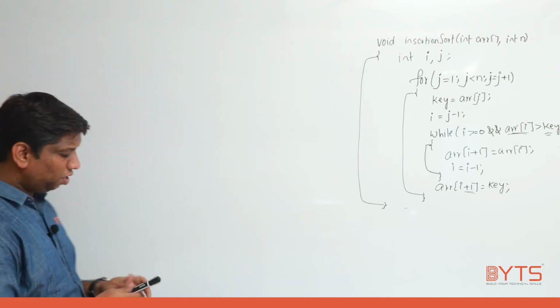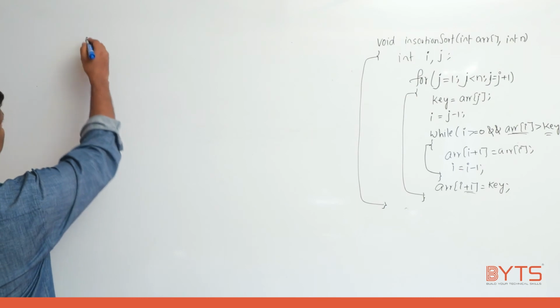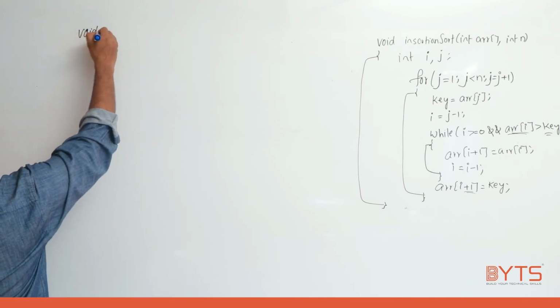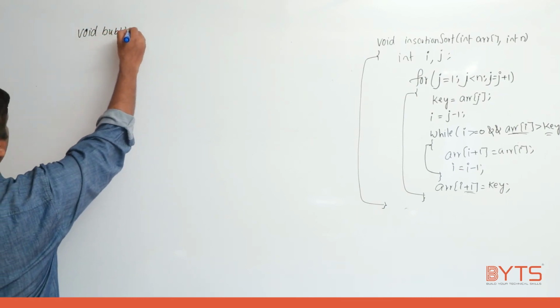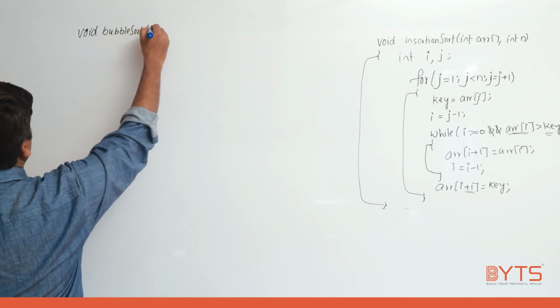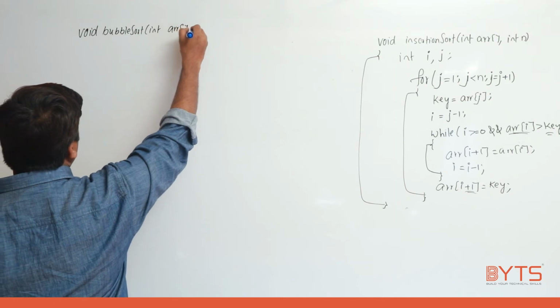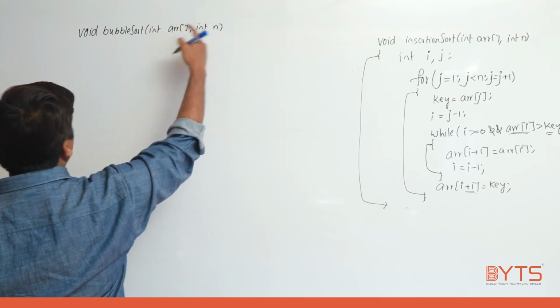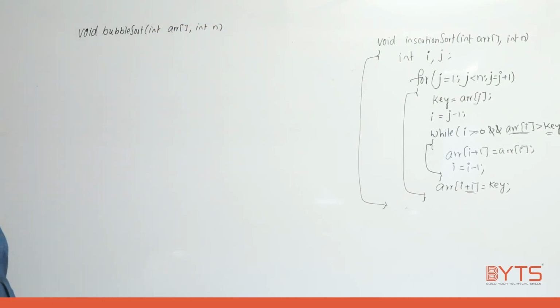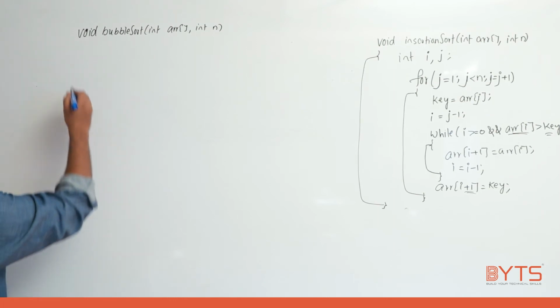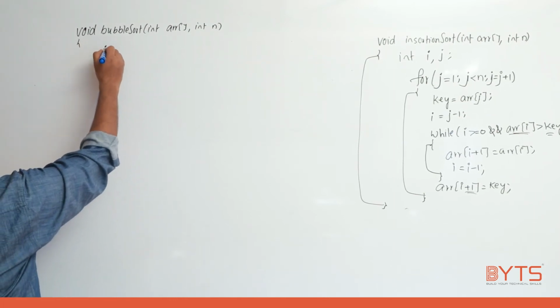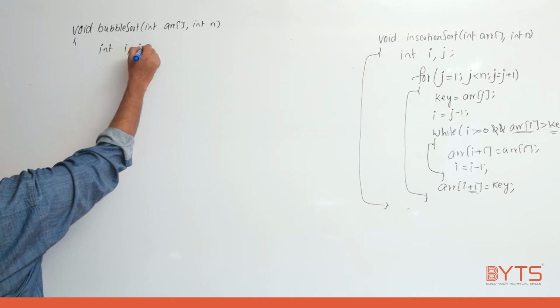Okay. See here, what was our bubble sort code? Can you remember? Void bubble sort, int array, int n. Names I don't really mind; name can be p or ar or whatever you want. Here I write int i, j.